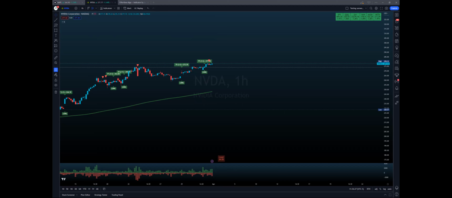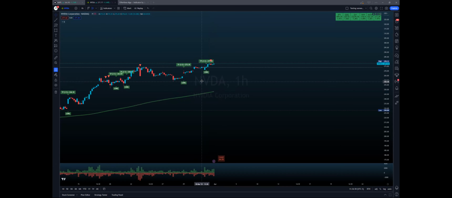I'm up 73%. So I didn't collect as much credit as I thought. I sold the 300 call, bought the 310 call, and I collected $45 of credit, and it's currently sitting at $12. So even though it was up on Friday, I still made 33%. So it's very nice.